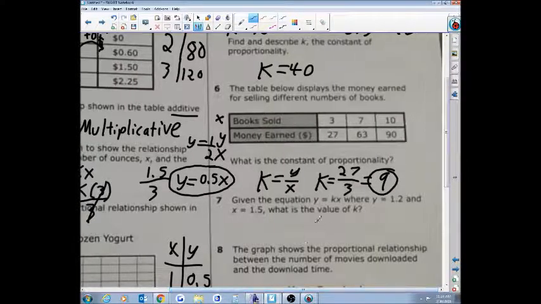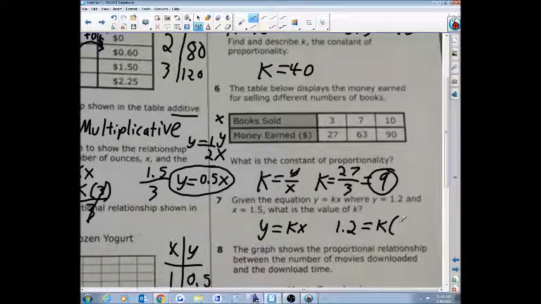Okay, given the equation y equals kx, where y equals 1.2 and x equals 1.5, what is the value of k? Okay, so we've got y equals kx, and we're going to substitute. So for y, I'm going to substitute 1.2, and that equals k times, for x, I'm going to substitute 1.5.